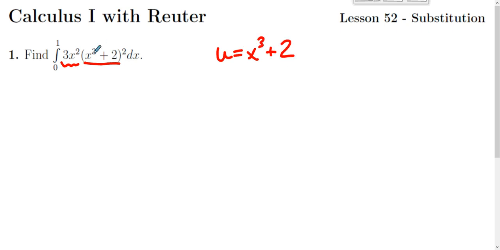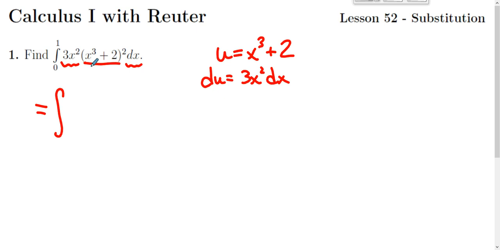Whenever there's a part of the integral whose derivative is hanging out right nearby, I think this is a u substitution. So we let u be the thing whose derivative is hiding nearby, and then we make a complete substitution. We get rid of everything that smells like our x and replace it with something that smells like u, and that's how this works.